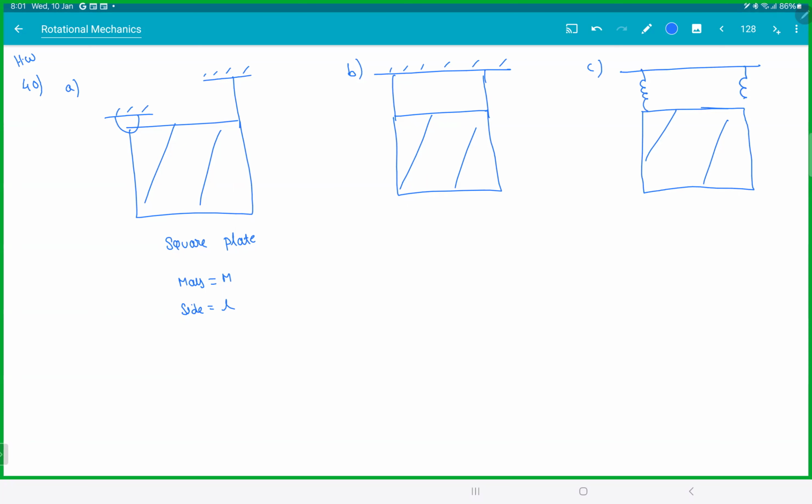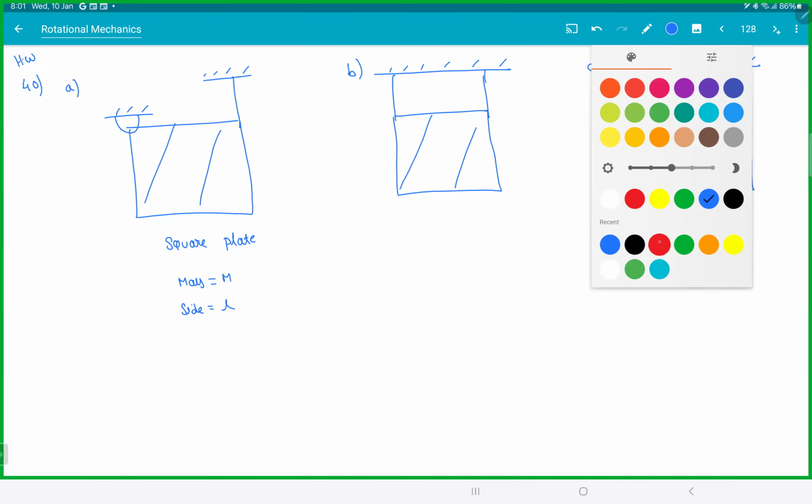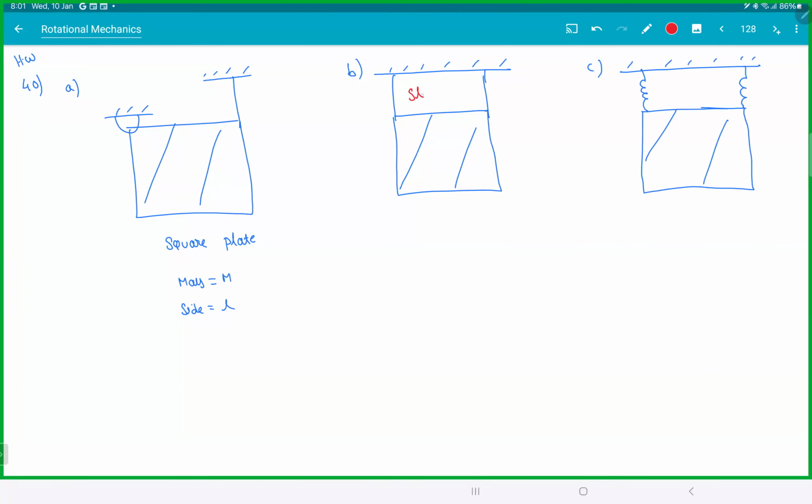We have two springs. These are strings. These are springs. So you're cutting here, you're cutting here, you're cutting here. Find the alpha of the square plate just after cutting at point A.